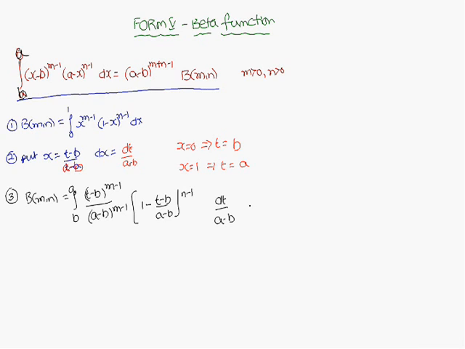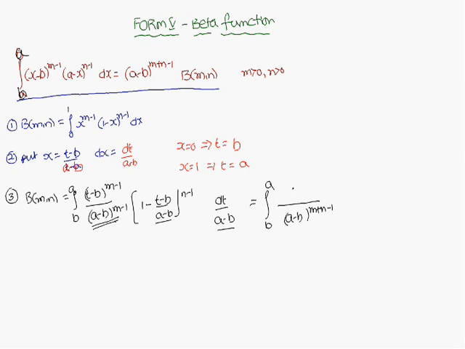So if you do the simplification, integral b to a, here t minus b is there, so the denominator is a minus b whole power m minus 1, a minus b whole power n minus 1, a minus b. So what you are left with in the denominator is a minus b whole power m plus n minus 1. So these three are over.